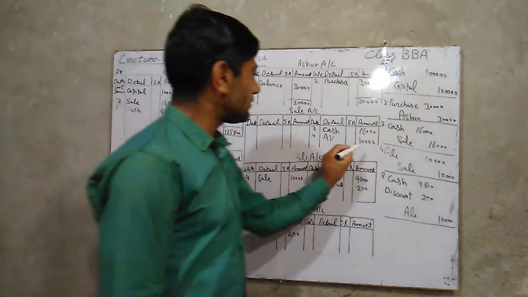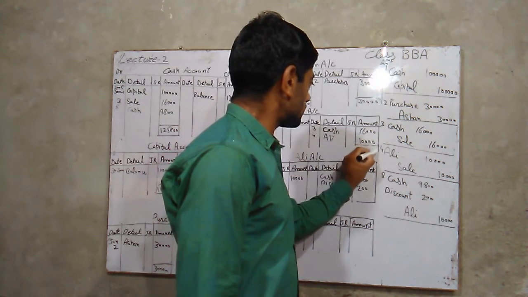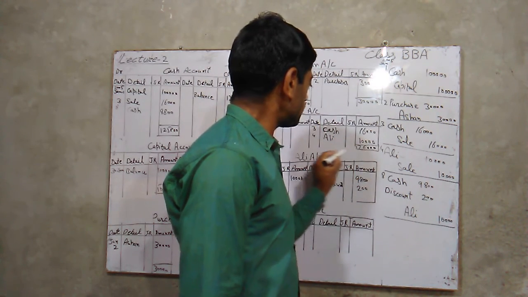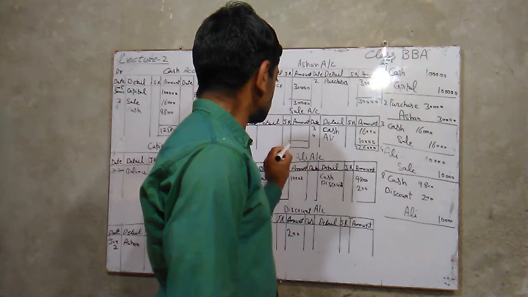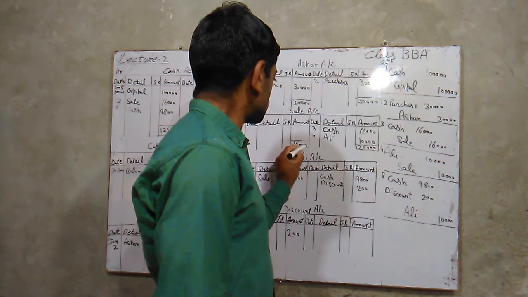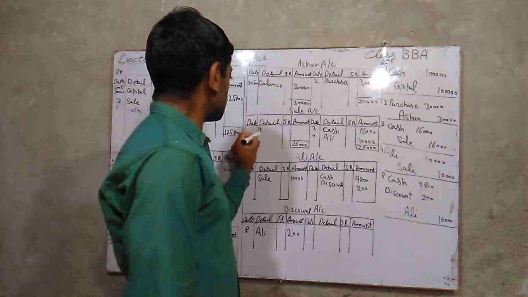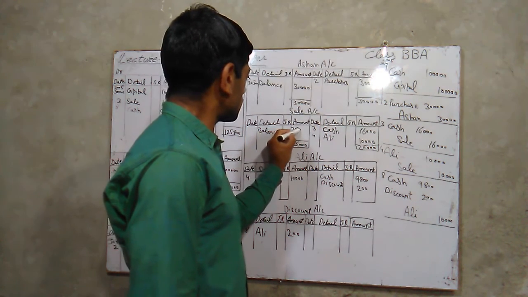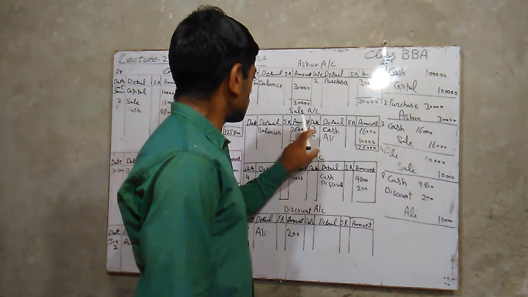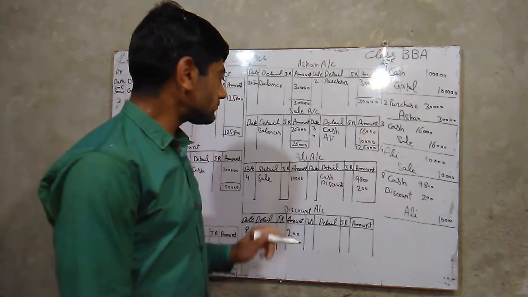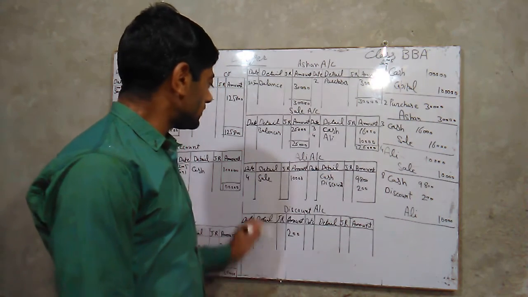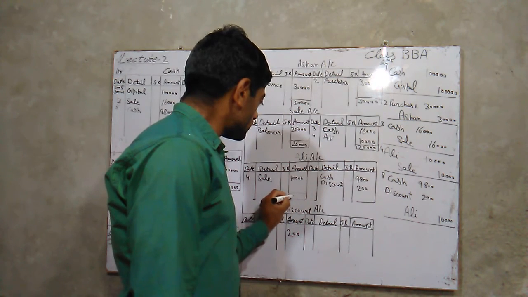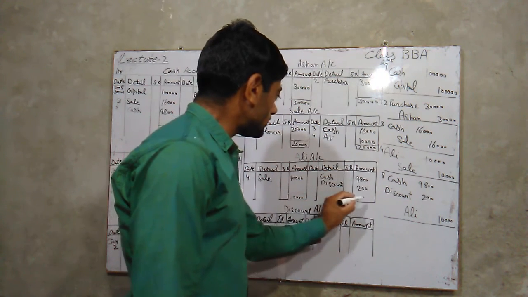Sale account balance: 26,000, 26,000 balance, 26,000. Ali account: 10,000.